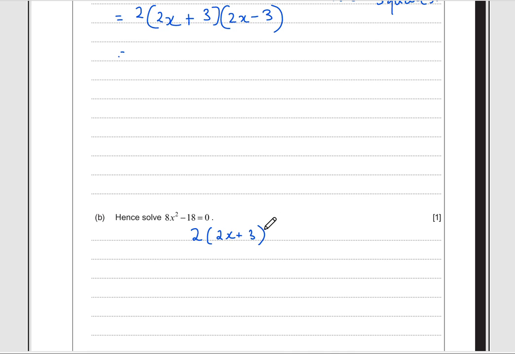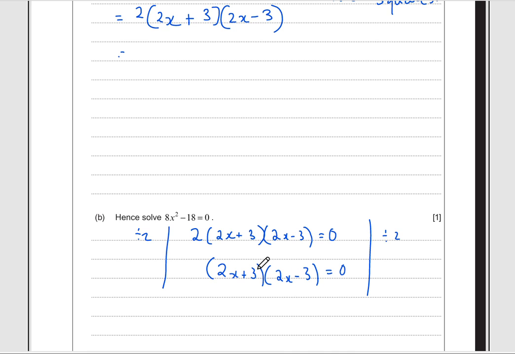We know that that's equal to 2 times (2x plus 3)(2x minus 3), and it's equal to 0. In order to solve this, it's a bit more tricky than we might be used to. First of all, we divide by 2 so we can get rid of that 2 at the beginning, so (2x plus 3)(2x minus 3) is equal to 0.